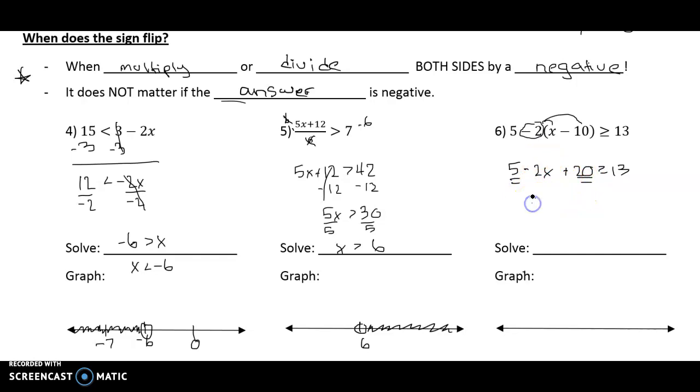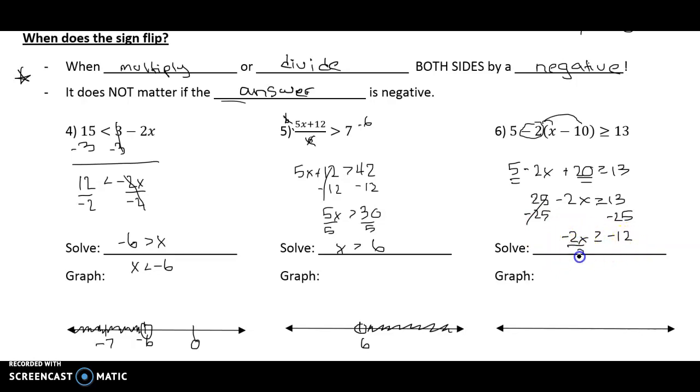So I would have 25 minus 2x is greater than or equal to 13, and then it's just a normal problem, okay? So I would subtract 25, because 25 is positive. Subtract 25, I'm left with -12. So now I have -2x is greater than or equal to -12.